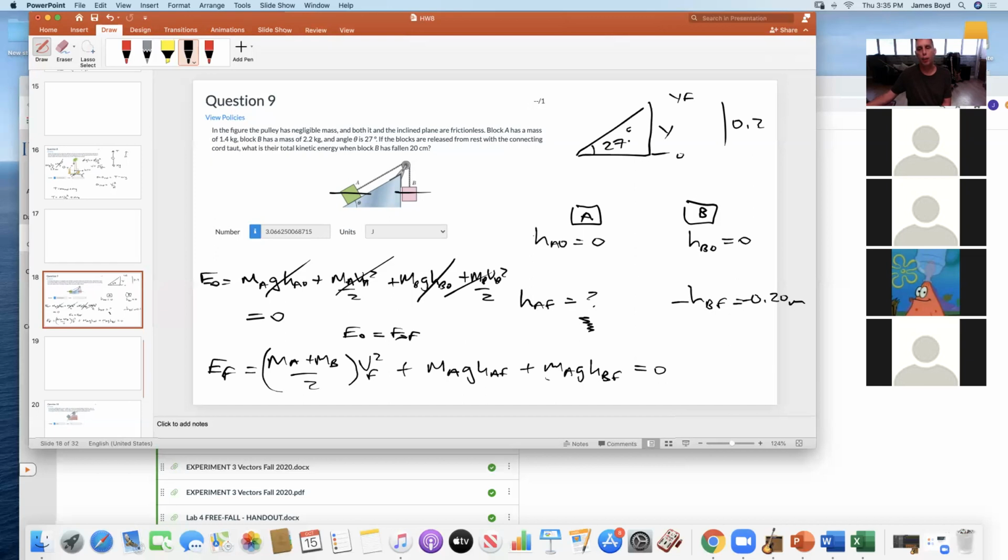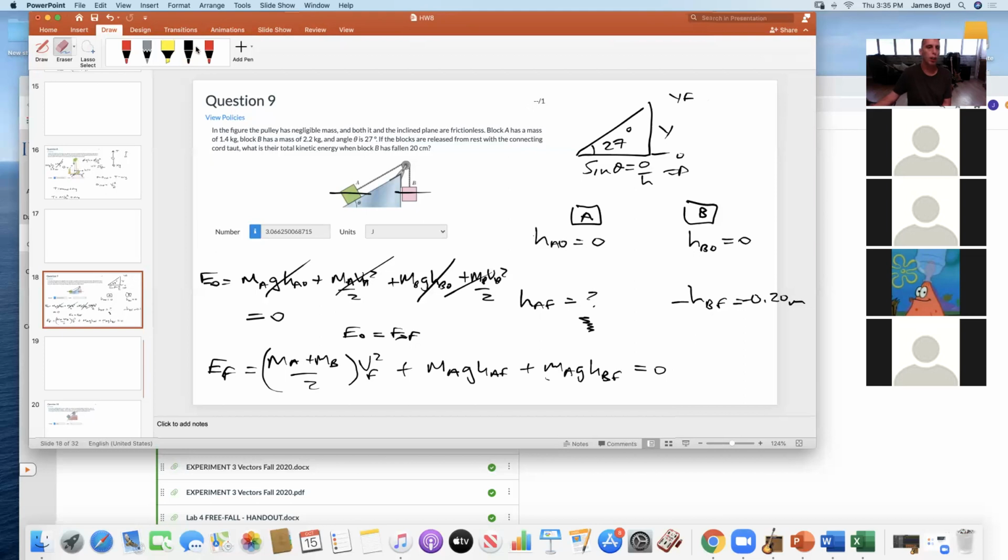And by SOHCAHTOA, sine of theta is opposite over hypotenuse, or Y over hypotenuse. That means that... no, that's not what I want. Sorry, I'm being dumb. Forget what I just said.